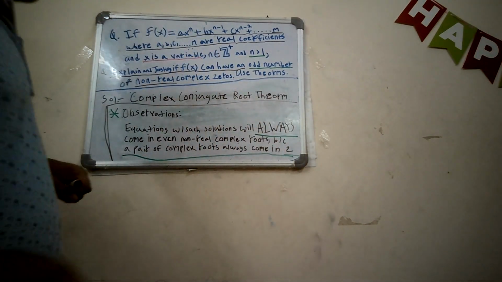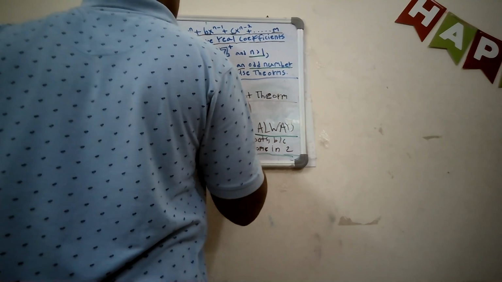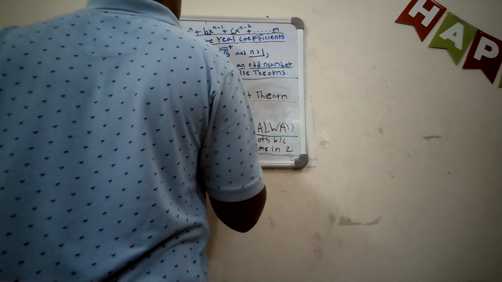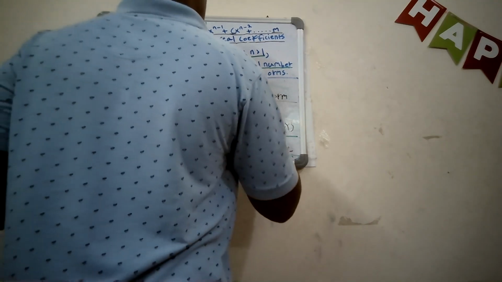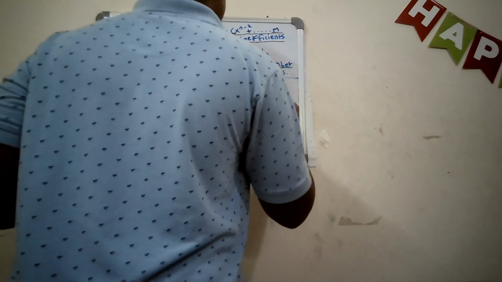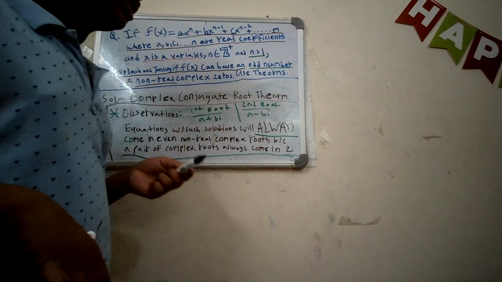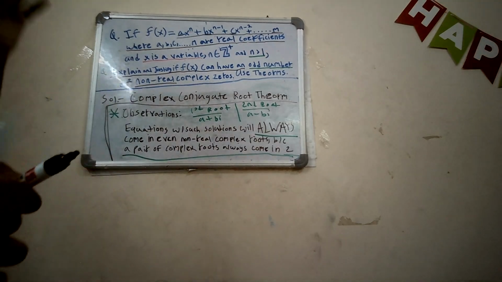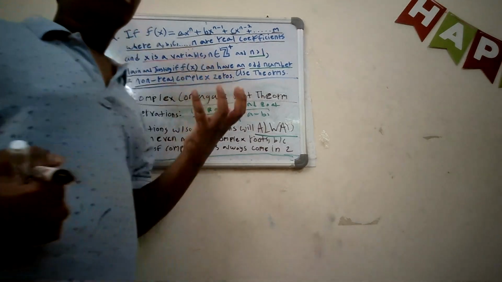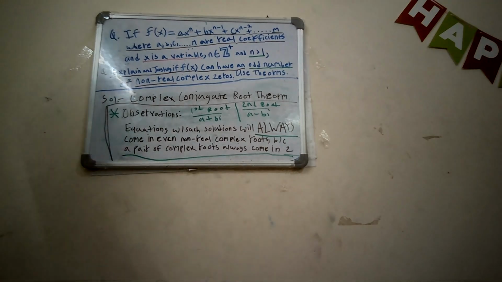The first root will be a plus bi, the second root a minus bi. Okay? And yes, the number can be imaginary as well. It can be imaginary or complex, but can't be real. So this is what it says.